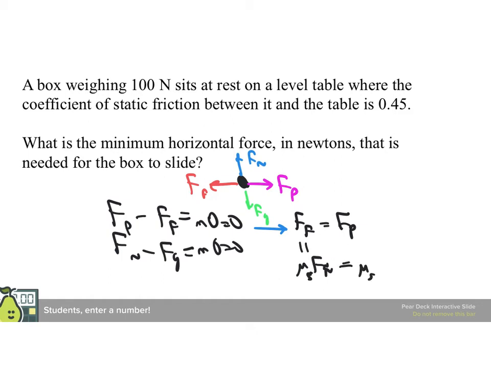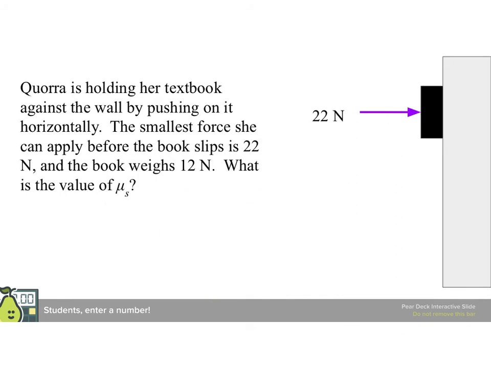And we know here that Fn is Fg. So this becomes mu times Fg, or 0.45 times 100 newtons. 45 newtons is the most that you could apply. Anything more than that, and it would slide. Or the minimum force you could apply is anything more than 45 newtons.